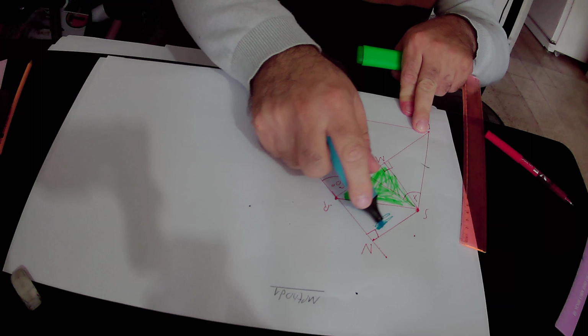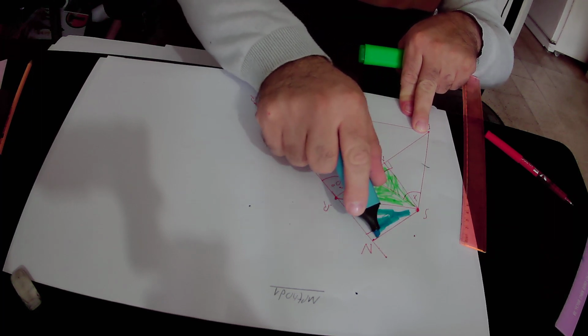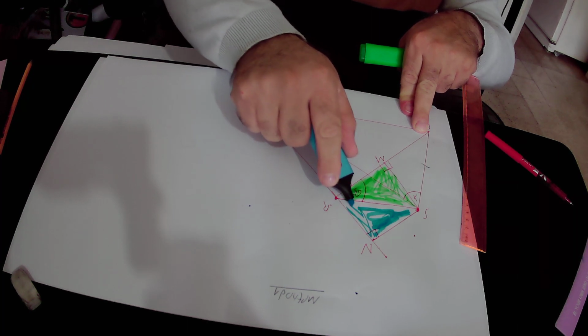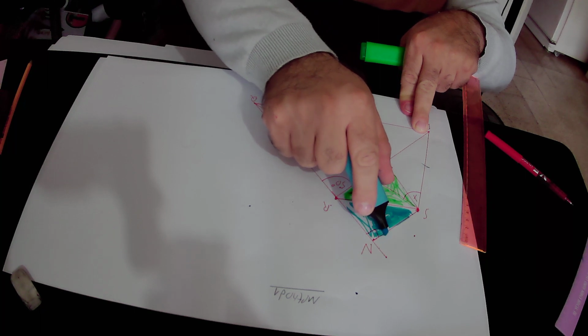So the blue triangle and the green triangle are both right triangles.